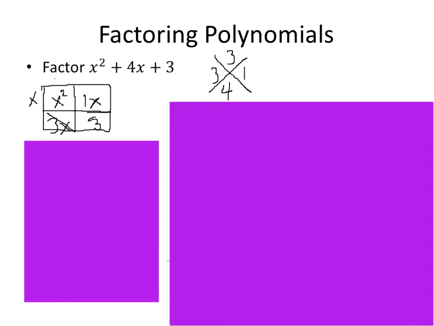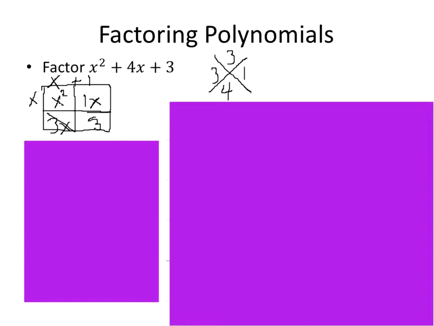Okay. And if they have an x in common, what's going to go up here on top? Yeah, because x times x makes x squared. What's going to go here? What times x makes 1x? Yeah, so plus 1. It's a positive, so it needs to be a positive there.